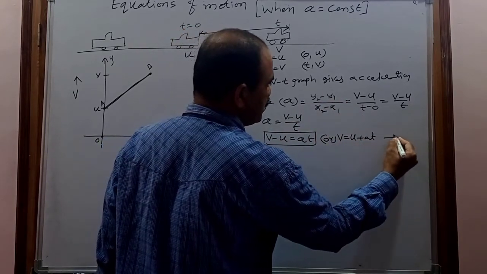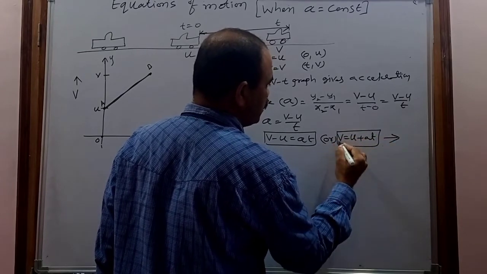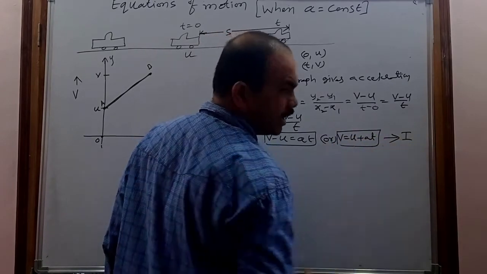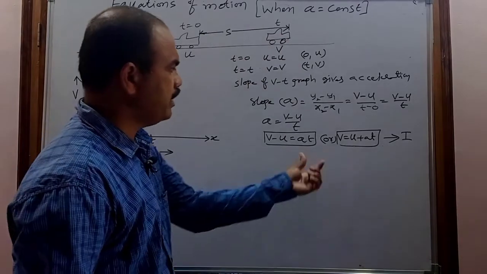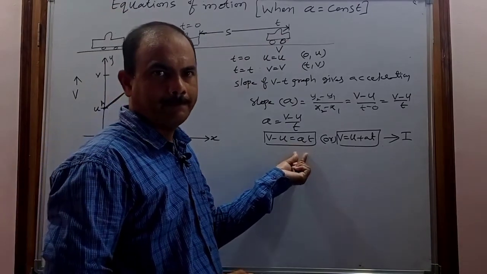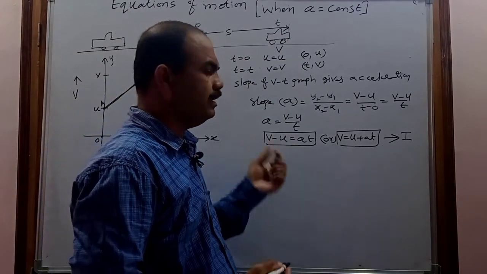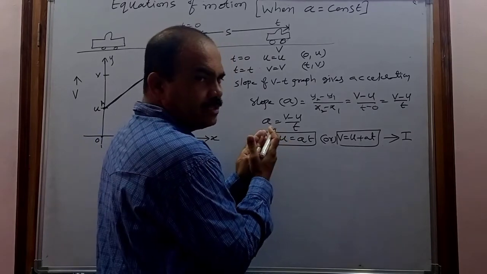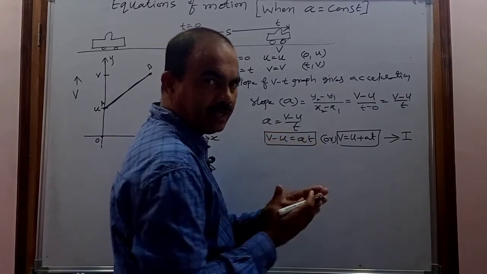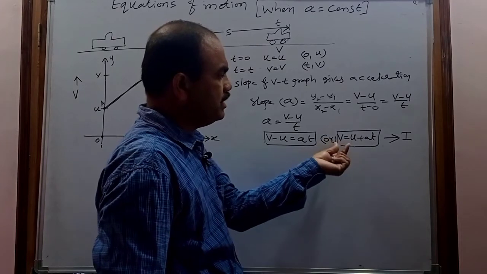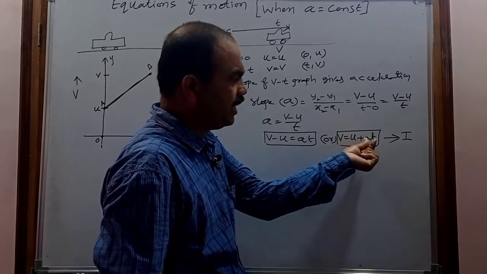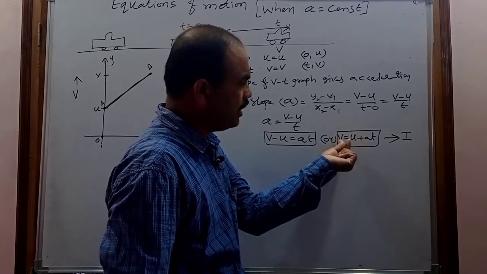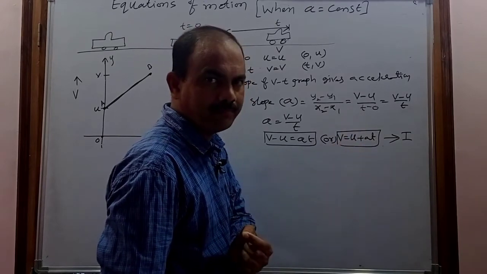This first equation of motion represents the relation between the initial velocity, final velocity, acceleration and time. This is the equation of velocity as a function of time.